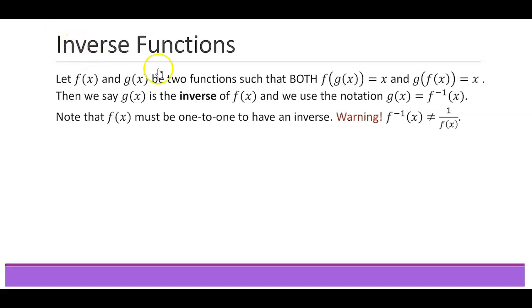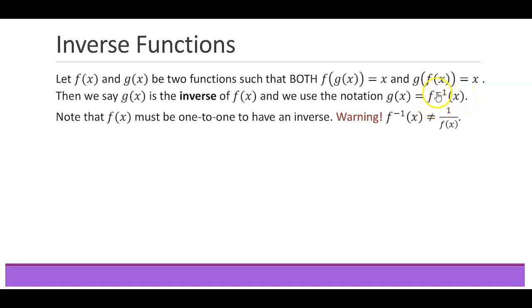Now let's define inverse functions. Let f of x and g of x be two functions such that both have the property that f of g of x is equal to x and g of f of x is equal to x. Then we say that g of x is the inverse of f of x, and we use the notation g of x equals f to the power of -1 of x, but we don't read it like that.